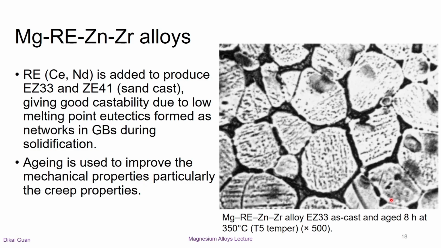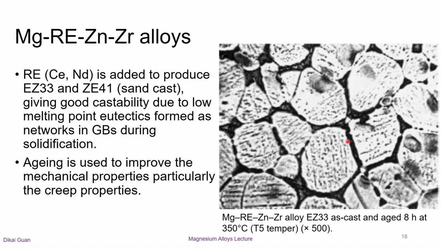Further to magnesium-zinc-zirconium alloys, rare earth elements can be introduced to form magnesium-rare earth-zinc-zirconium alloys. These alloys contain either the neodymium misch metal or the cheaper cerium-based misch metal. Castability does not present any problems because of low melting point eutectics formed as networks in grain boundaries during solidification.